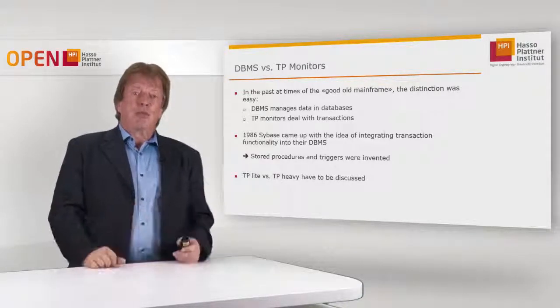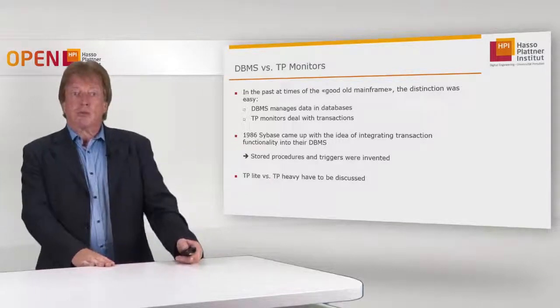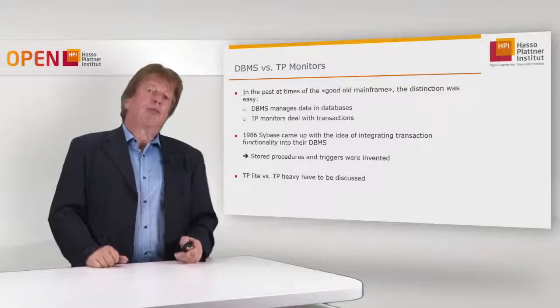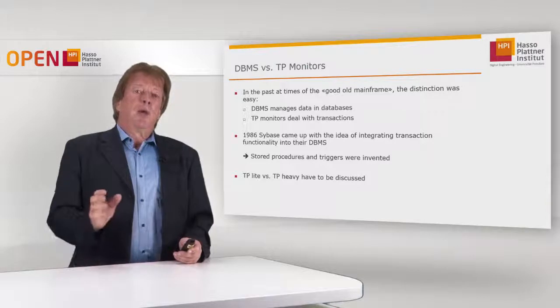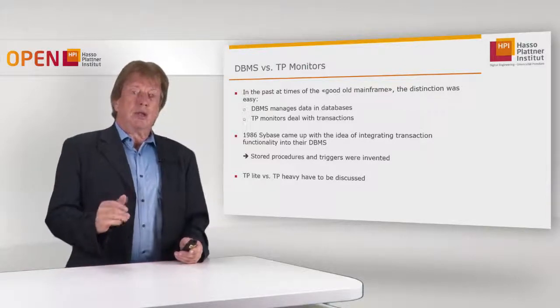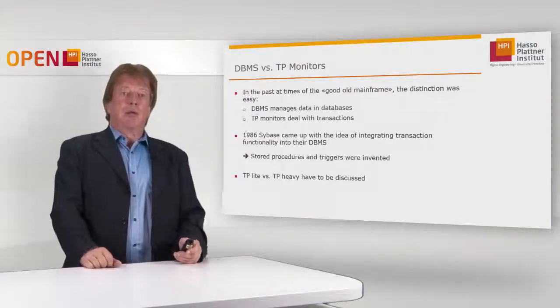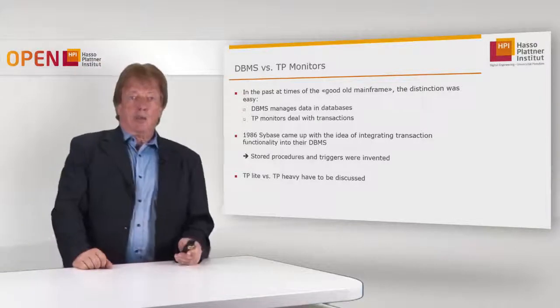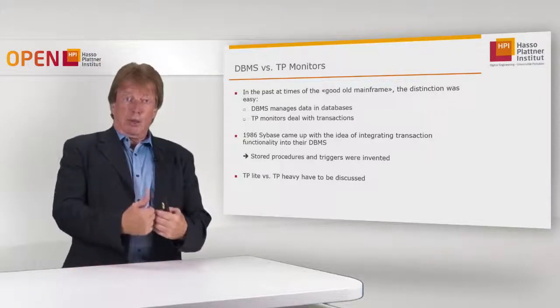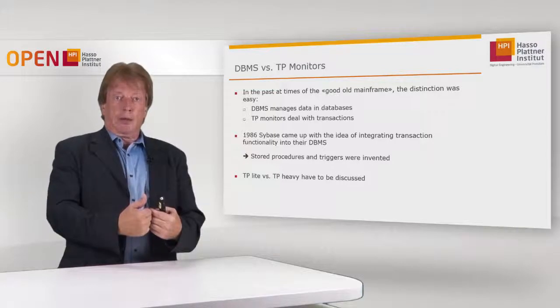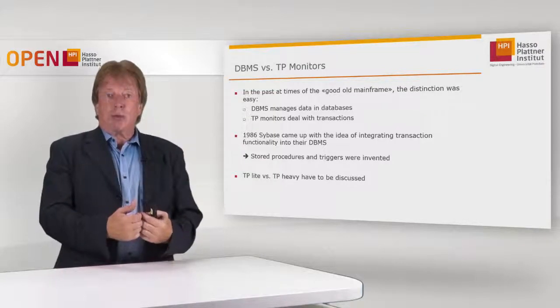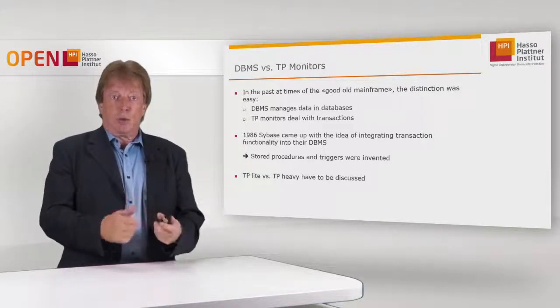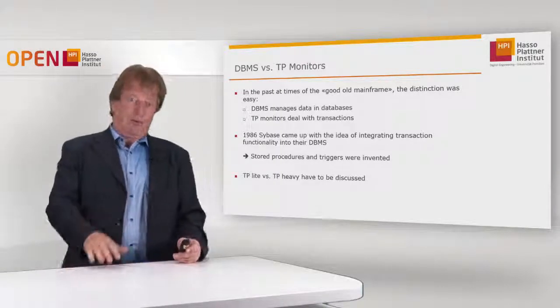And now we have to distinguish between TP Lite and TP Heavy. TP Lite is the transaction processing where the transaction functionality is included in the database management system, and TP Heavy is where we have transactions managed separately by a transaction processing environment. We call it transaction monitors or transaction monitoring.